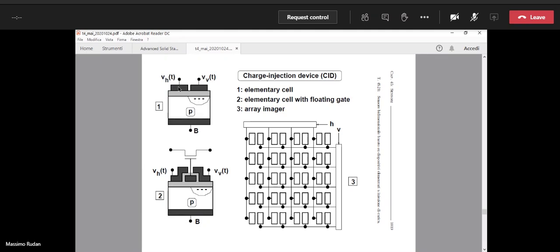At the same time, of the pairs of photocapacitors belonging to the charge injection device, those that are on the left and belong to the same column, they are connected together and they are operated by the horizontal control, okay?